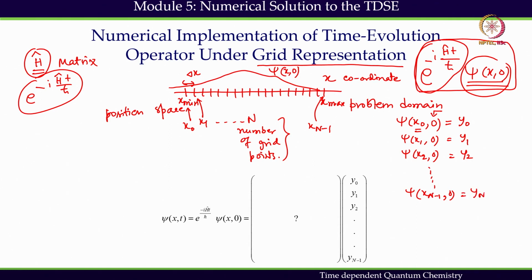These are the discrete values we get. So, a continuous wave function is being discretized on the grid.